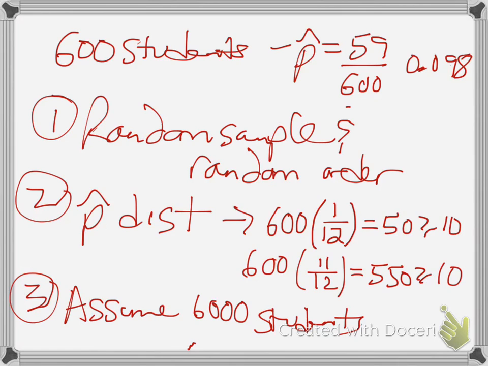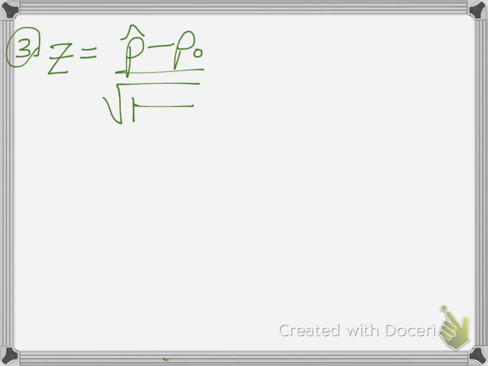Number 3, calculate the standardized test statistic. That would be this formula: z equals p hat minus the null hypothesis p, over the square root of, make sure you use the null hypothesis value in the denominator, p times (1 minus p) over n.